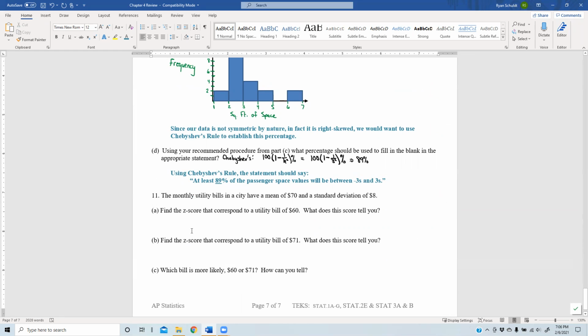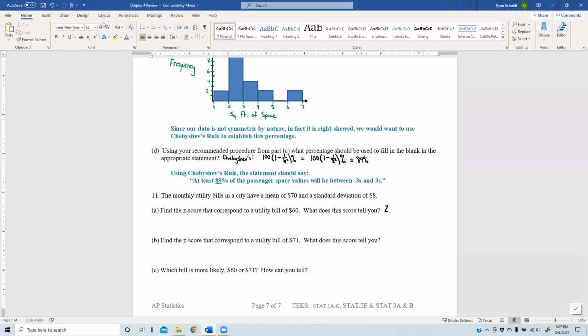now let's have a different type of problem. We're done with this transit type of problem. Let's move on. Finally, transit is behind us. Find a z-score that corresponds to a utility bill of $60. What does this score tell you? Well, they tell us the mean and the standard deviation.